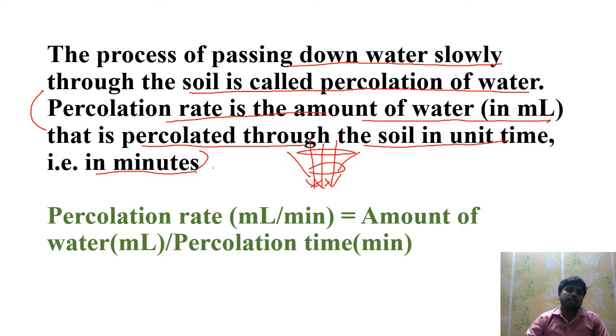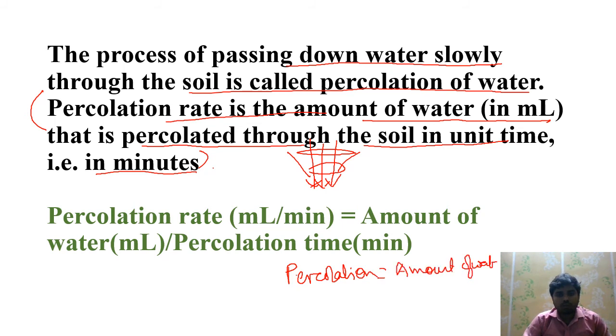So percolation rate equals the amount of water divided by the percolation time. So percolation rate will be equal to the amount of water we have taken divided by time. So this is the percolation rate. Okay students.